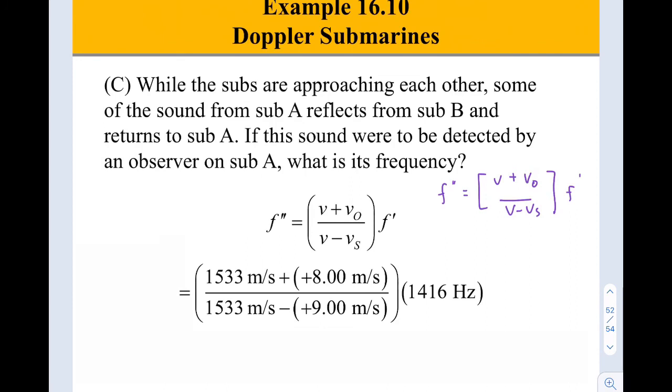So if you see here, it's going to be positive, it's going to be negative. Easy, right? So the one that you are using here is this one, 1416. The F prime that you use here, 1416, is the F reflected by sub B as our source, to be detected on submarine A. So your final answer is 1432 Hz.